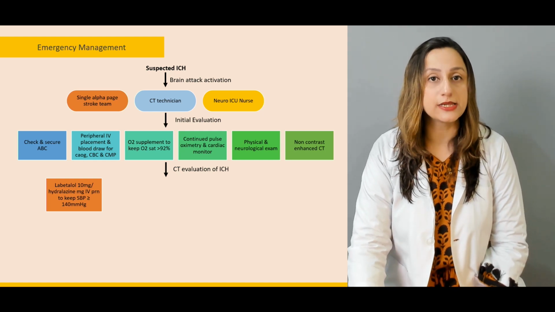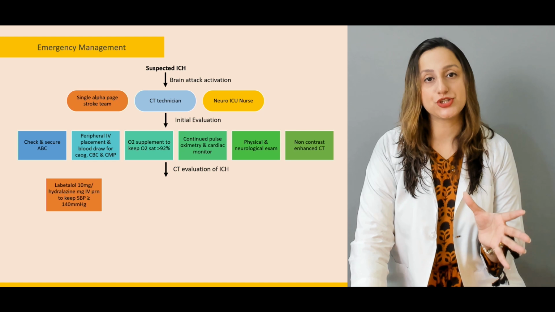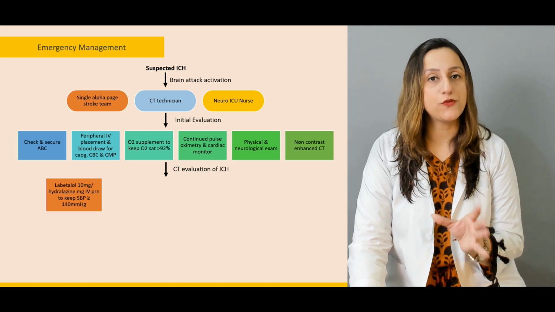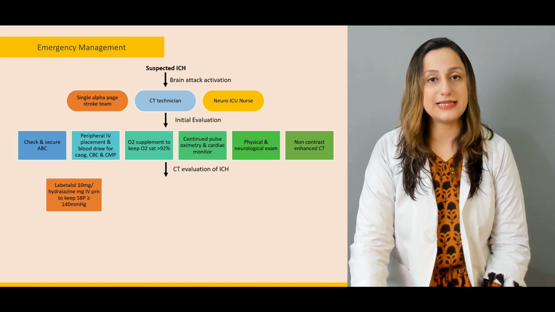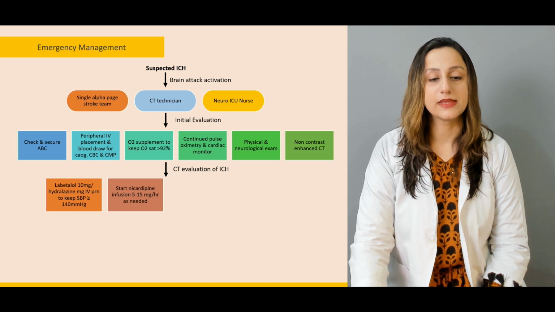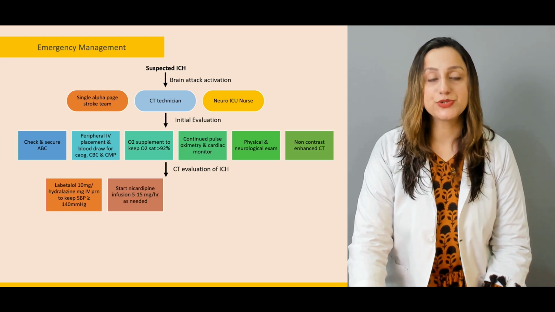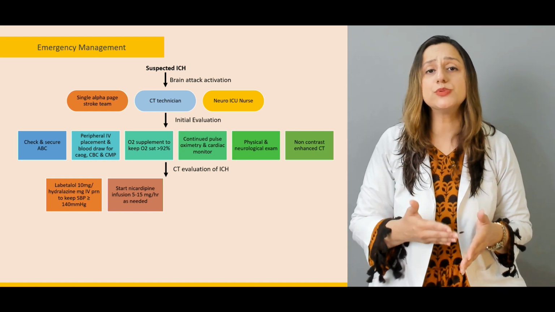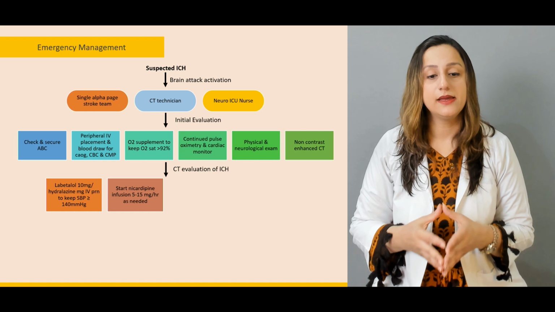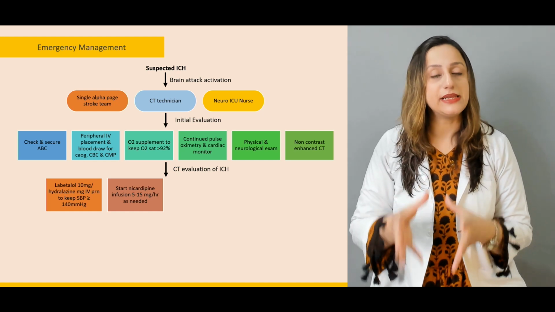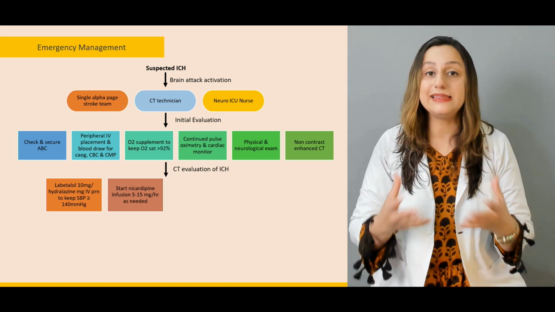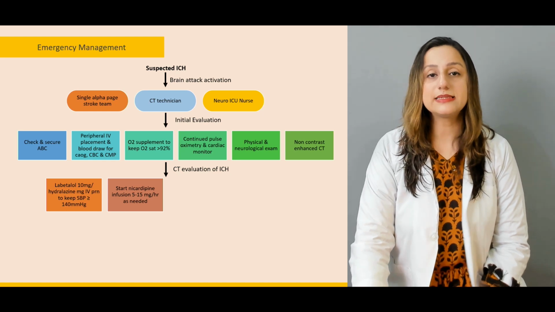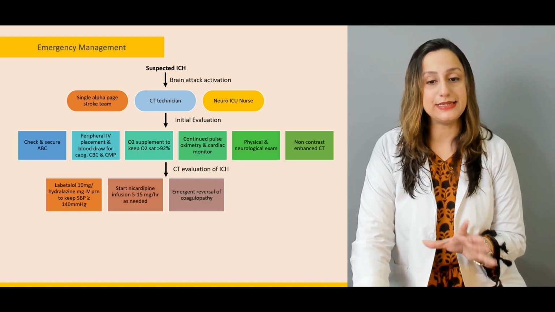It is very important to maintain the blood pressure range more than 140 millimeters of mercury in these patients. Then obviously you're going to start off with nicardipine. You usually infuse nicardipine at 5 to 15 milligrams per hour as needed in these patients. This is a step-by-step approach to these patients.